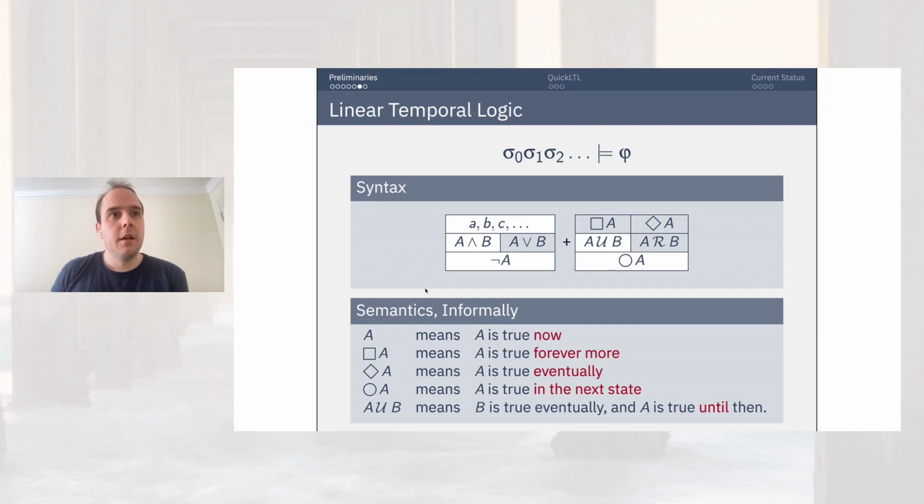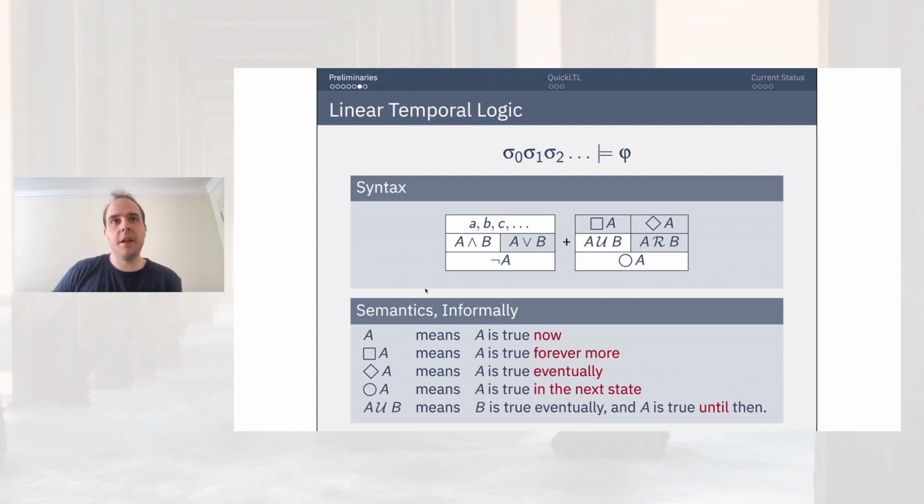I can say always or henceforth A, and that's the box modality, and that says that A will be true for all states starting from right now up and into the future. Diamond A, pronounced eventually or finally A, says that A will be true at some point in the future, so some sigma k. And next A means that A is true if we just remove the first state and consider the trace starting from the next state onwards.